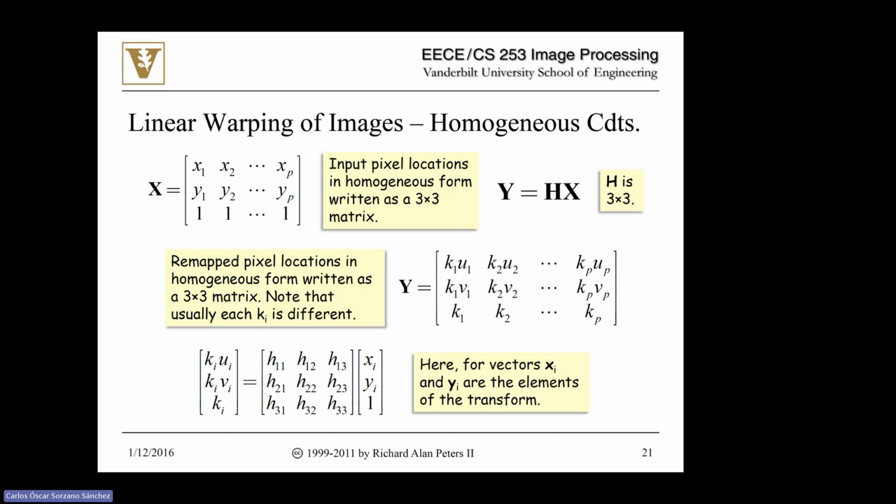So we have our coordinates in one space, we have the coordinates in the other space. We don't know the k yet, okay, but there will be some k, and we will get rid of the k later. So you take coordinates from one space, you multiply by H, then you have the coordinates in the second space. So this was input multiplied by H, and then you have the coordinates in the output.